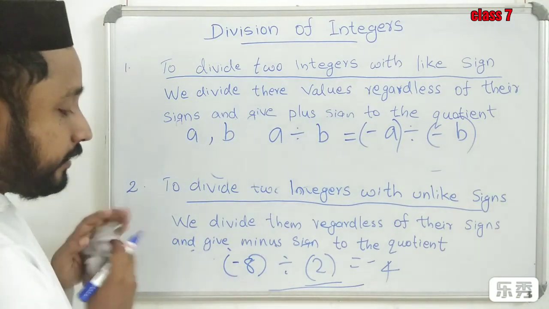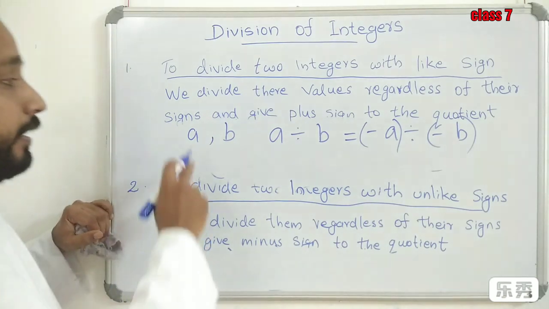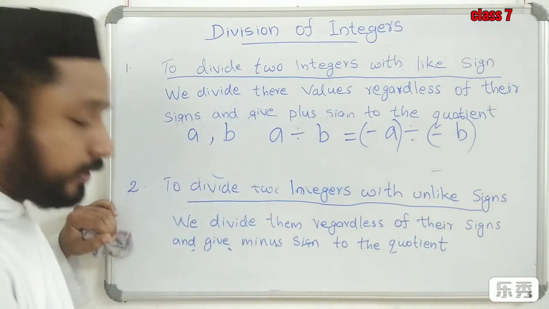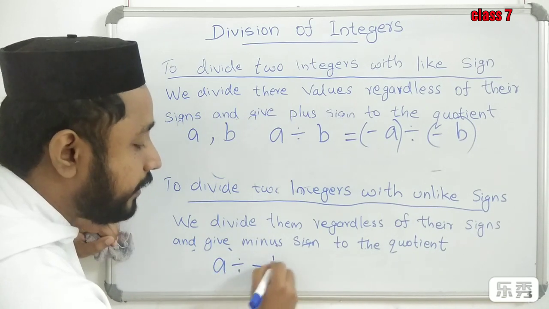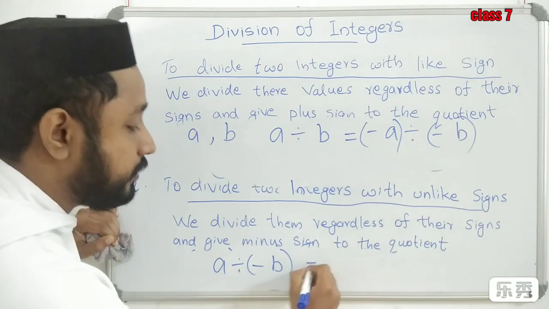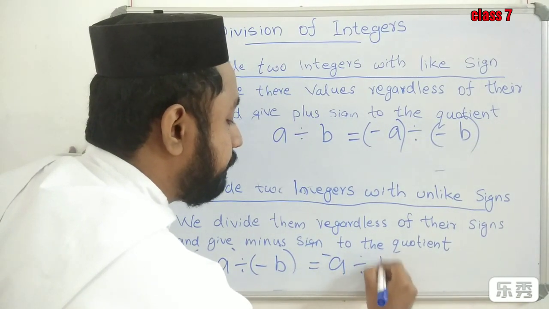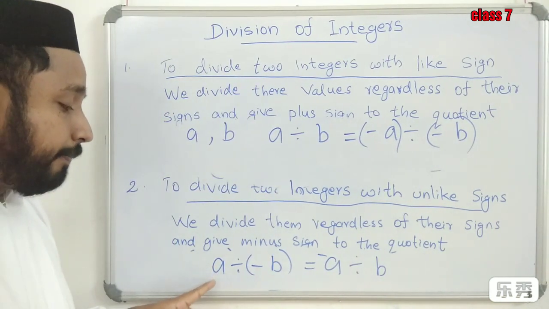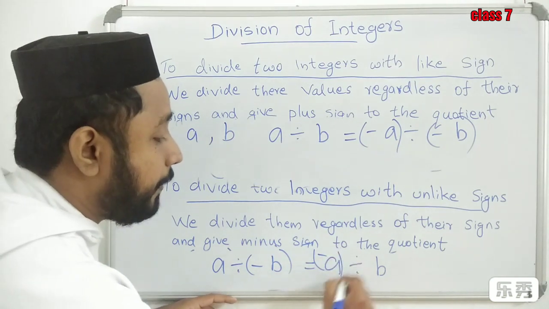Then, in general, if there are unlike signs, for example, a and b are two integers, which means a divided by minus b, one positive and one negative, is equal to minus a divided by b. So, a divided by minus b, the same is for minus a divided by b.